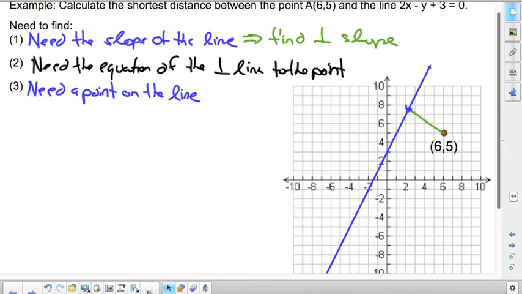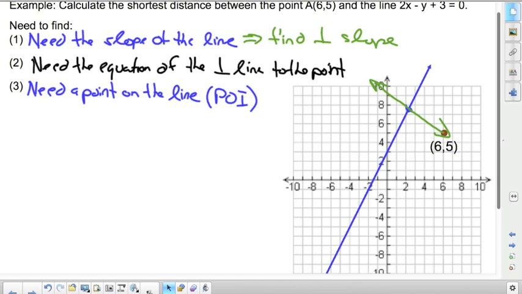Yeah. What really is this blue point here? This really is a point of intersection. Because if I extend this green line, what do we have? We have two equations, two lines. So we're just finding where they intersect. Okay, so that's how we actually find point 3.